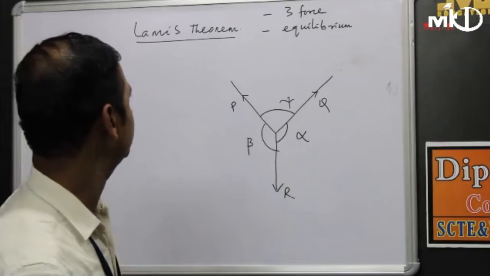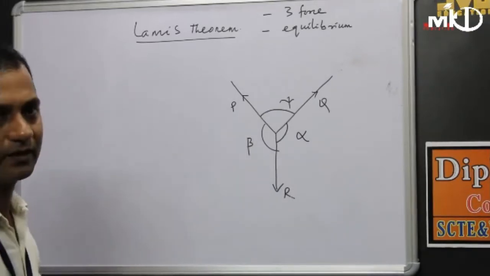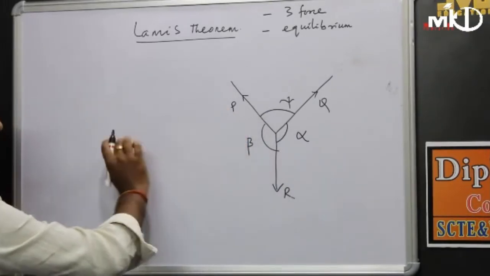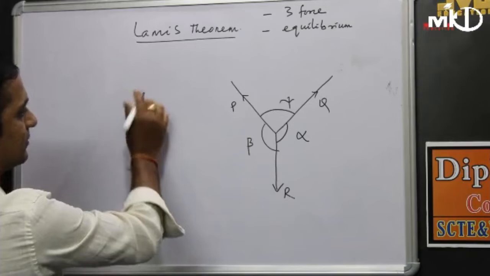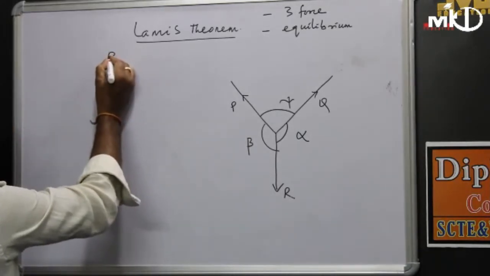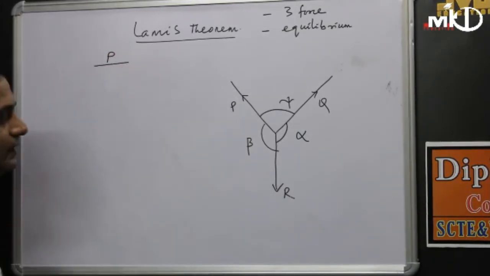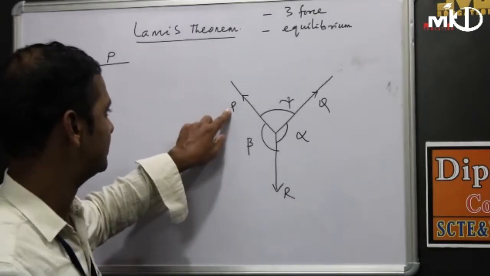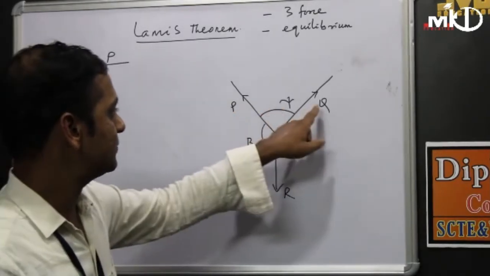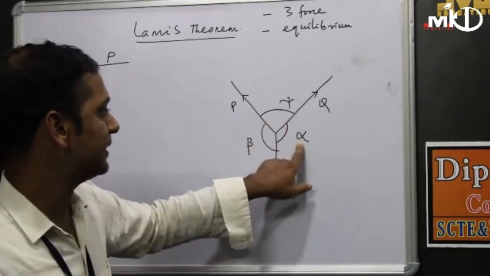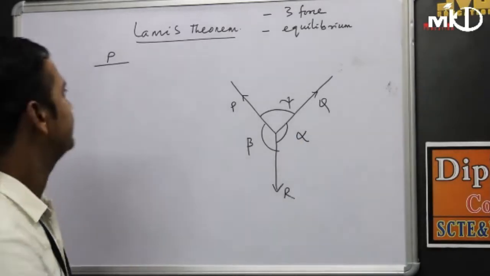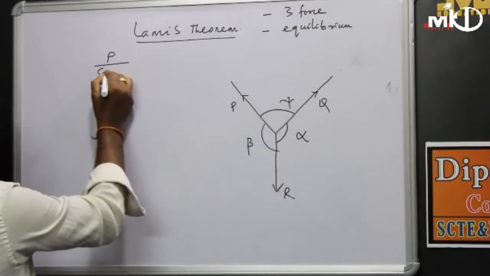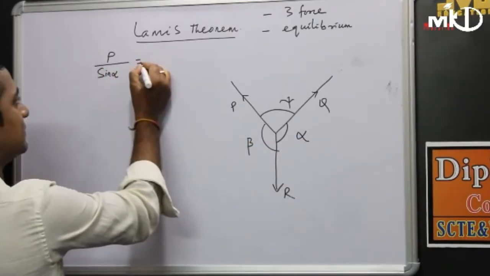So we have to prove that. What is the statement? We have already discussed. The mathematical statement of Lami's theorem means each force is directly proportional to the sine of the angle between the other two forces. If I take the first force P, then the rest of the forces are Q and R. What is the angle between them? That is alpha. So that is P divided by sine alpha.